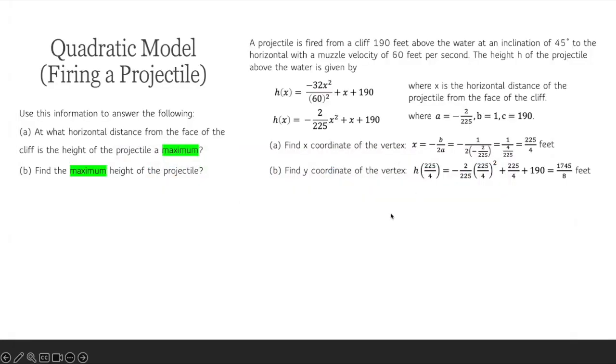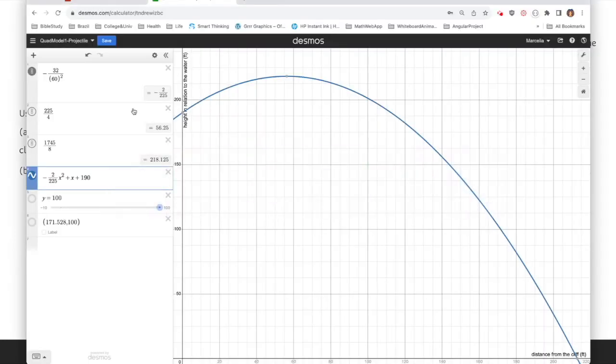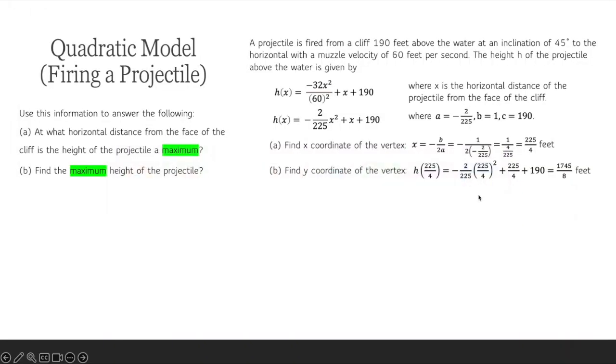Okay, so it starts at 190 feet and went to a maximum of 218 feet approximately. So it's how high that projectile went. And then after that, because of gravity, the projectile is going to start going down.